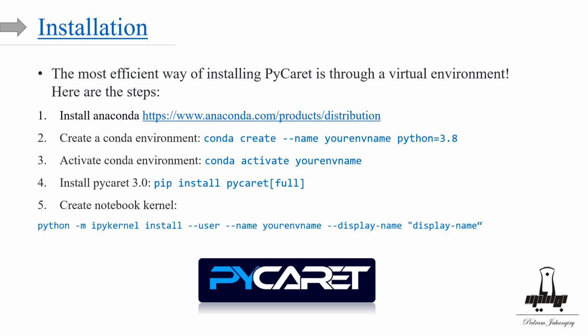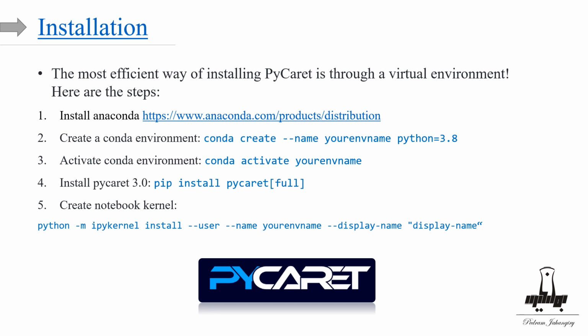All right, now let's see how we can install this interesting package. The most efficient way of installing PyCaret is through virtual environments like Anaconda, Miniconda, Miniforge, you name it. I'm going to do a separate video for all these steps, but this is what you should keep in mind.